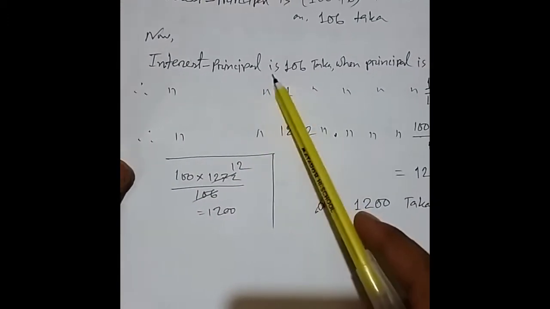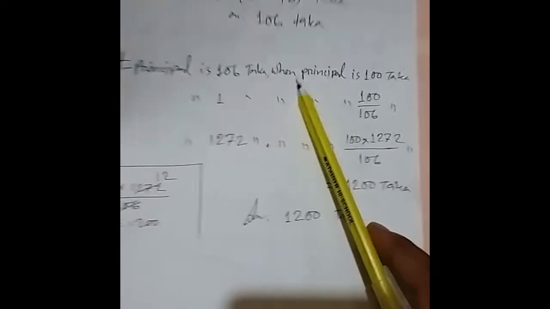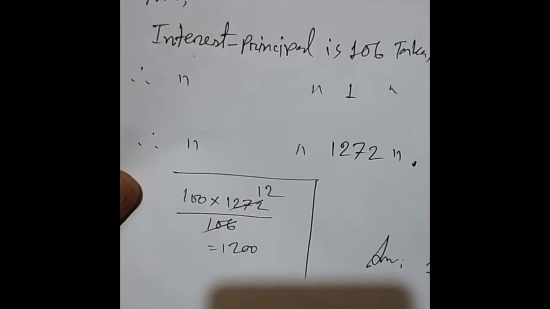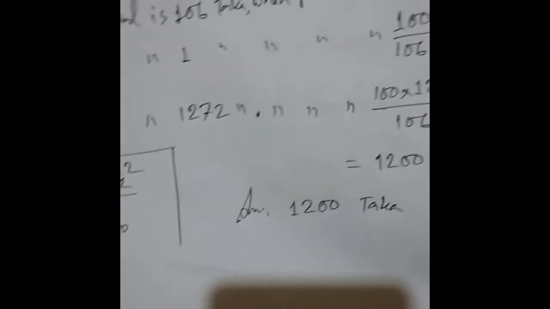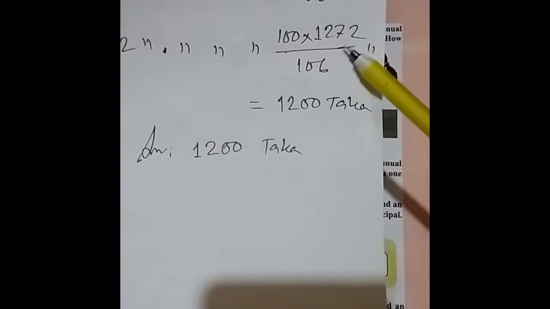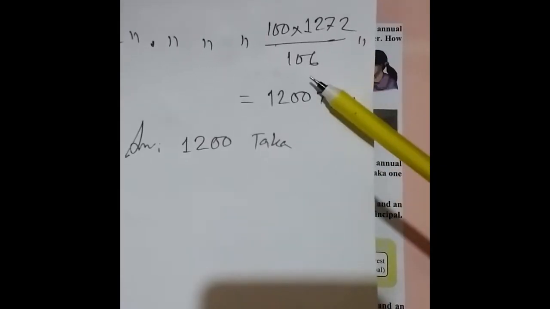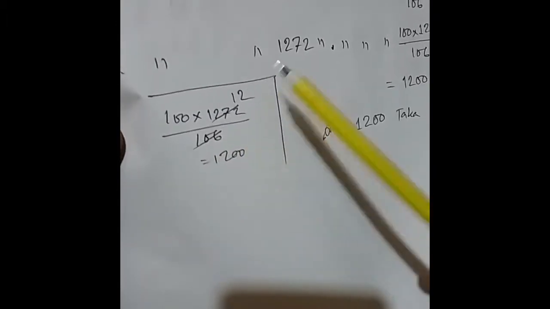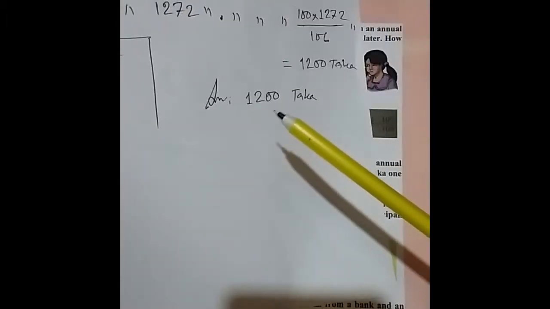So now interest plus principal is 106 taka when principal is 100 taka. So you can solve it. Interest plus principal is 1 taka when principal is 100 by 106 taka. Then when interest plus principal is given as 1272 taka, then principal is 100 times 1272 by 106 taka. So I just show you rough here. 12 times it will go, so it is 1200 taka.